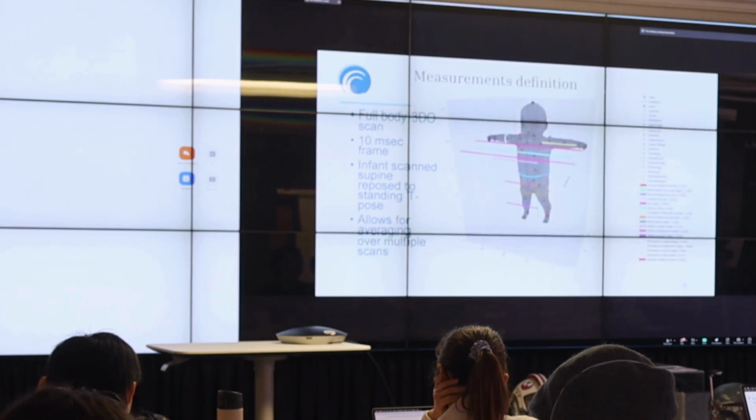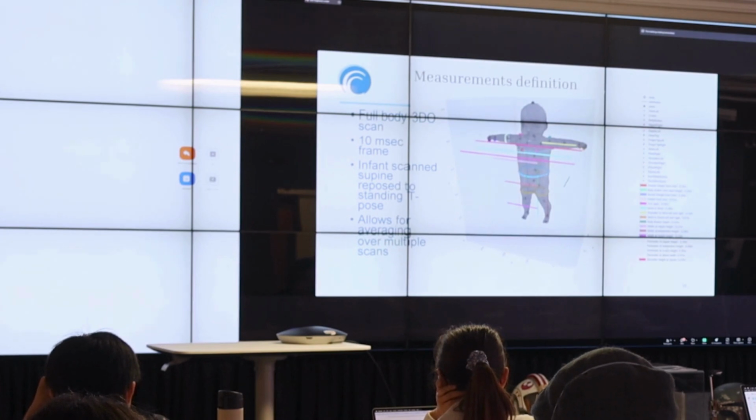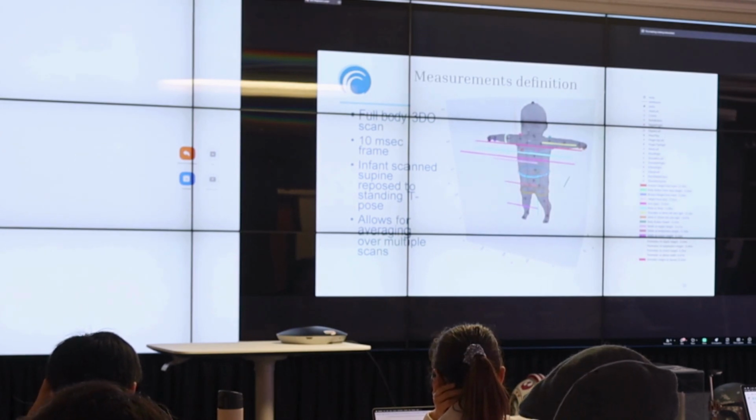And just as an example, here's a little infant. This little infant, of course, is much too young to stand, but we can repose the body into a standardized positioning, even though they were scanned laying on their back and while they were moving, actually, because the scanning technology we're using can take a scan in 10 milliseconds.